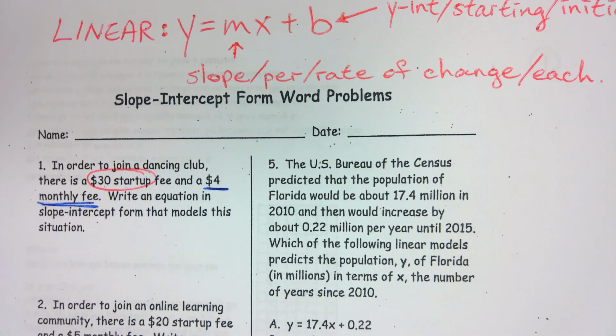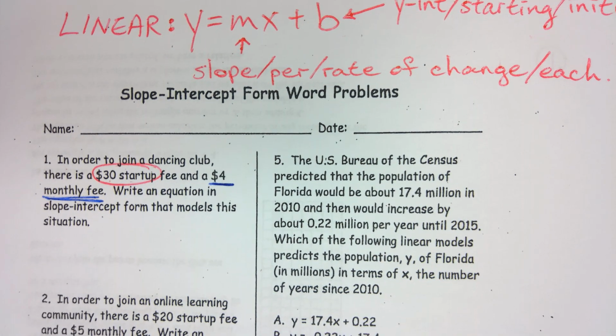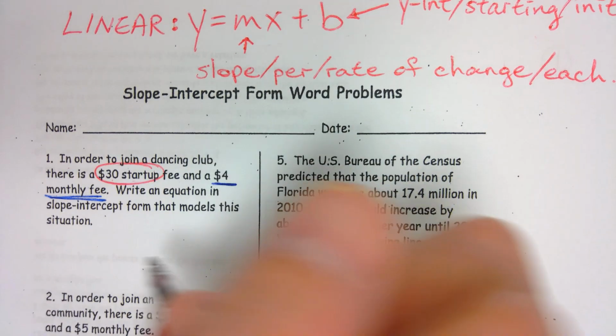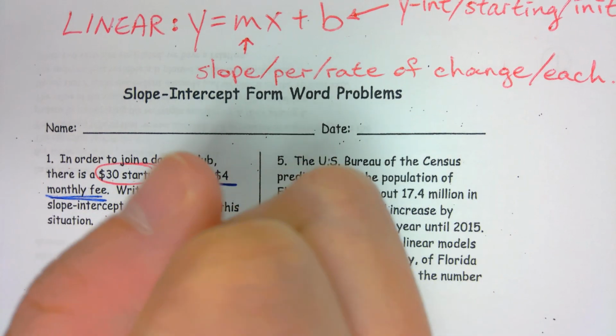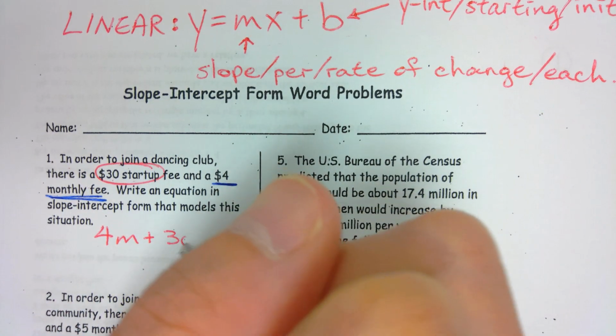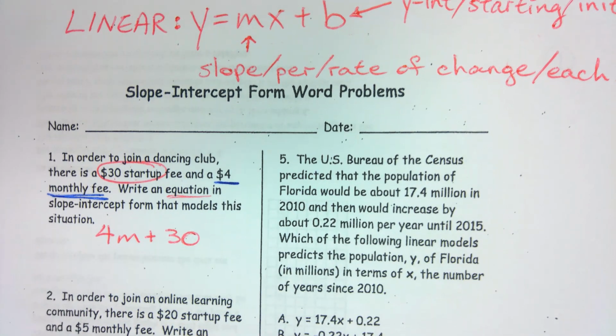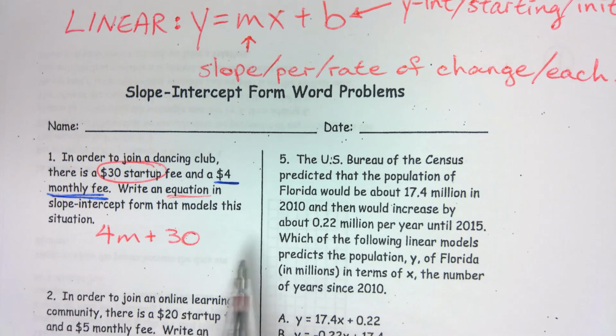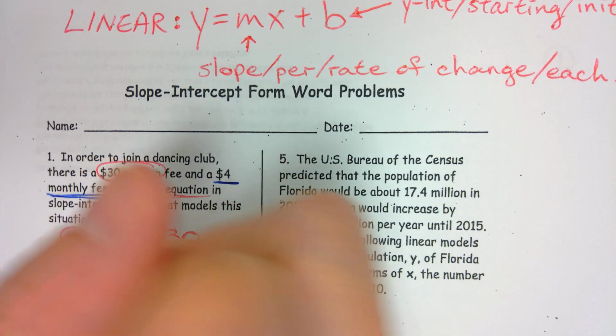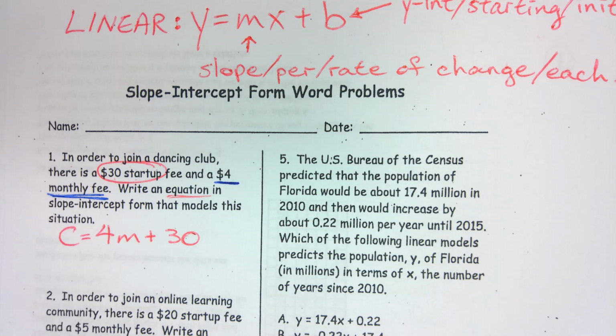It's going to be 4m plus 30. 4m plus 30. Good, but I want an equation, so I need something on the left side. So the cost is going to be 4m plus 30. Good. Okay, excellent.